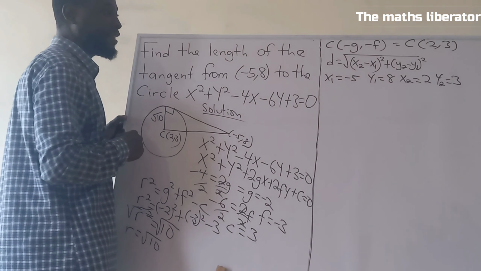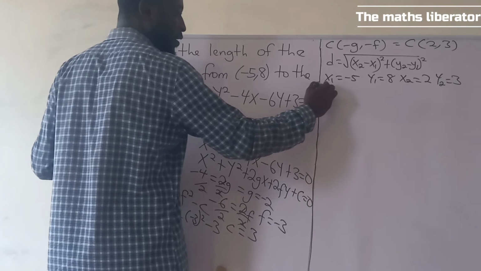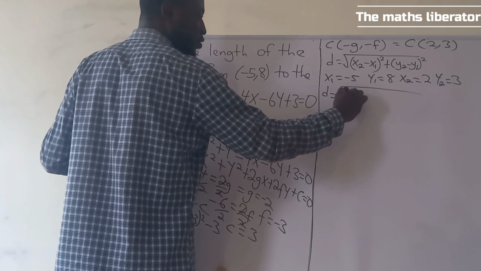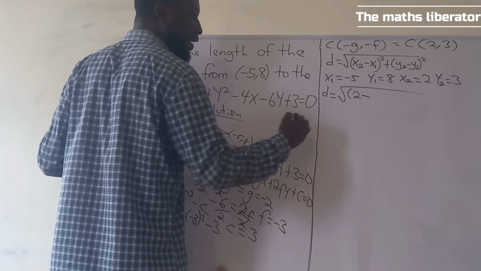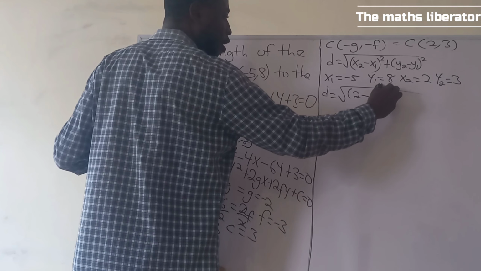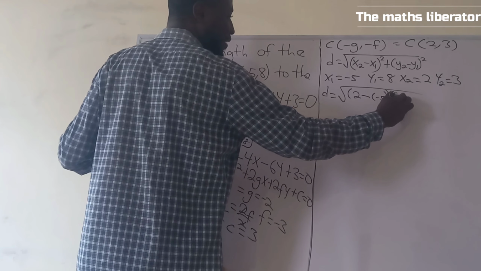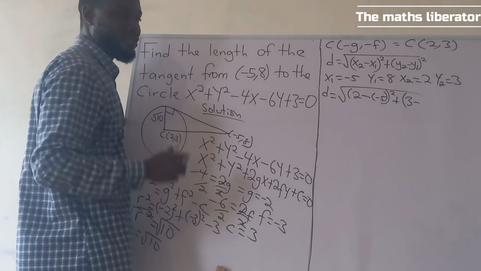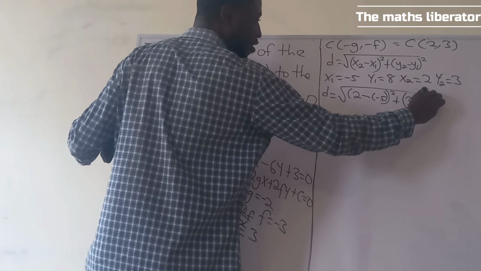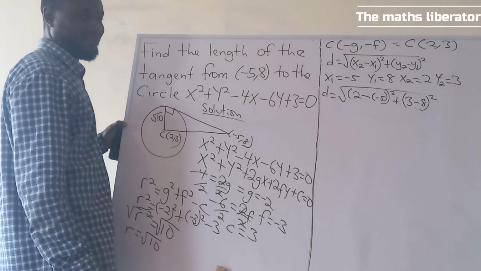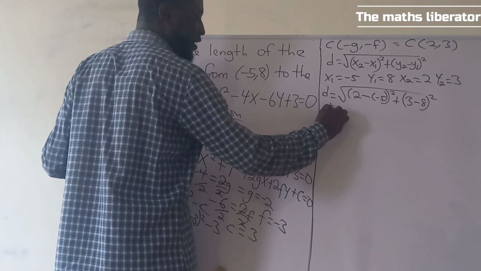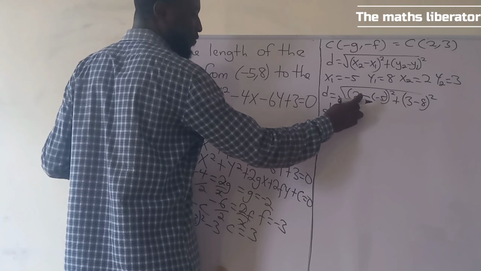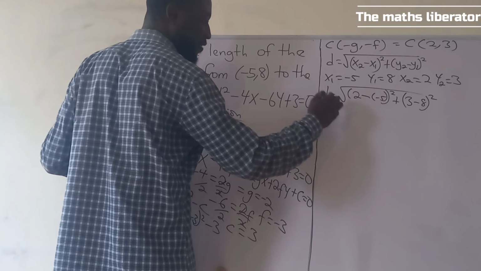So let's plug in this information. d equals the square root of (2 minus negative 5) all squared plus (3 minus 8) all squared. Two minus negative 5 becomes 2 plus 5, which is 7.